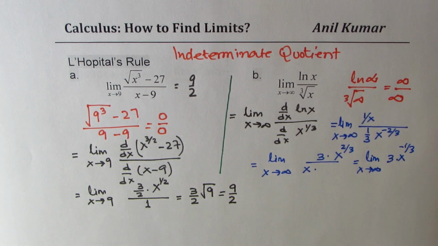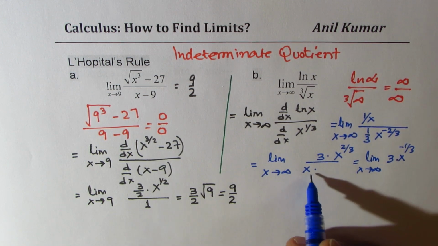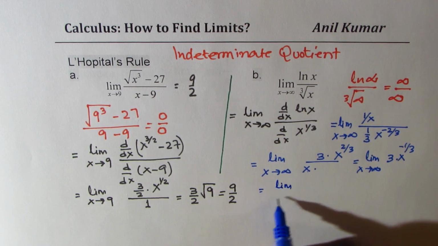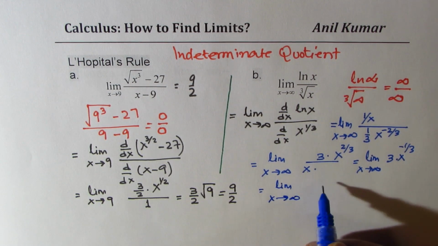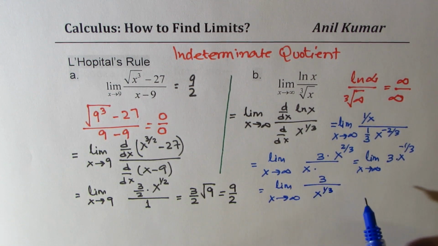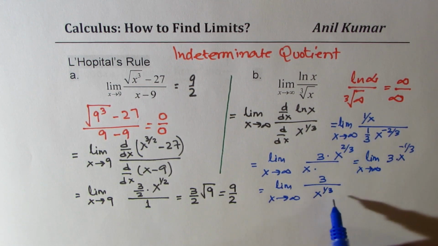We could have written like this. Okay. So that means it comes in the denominator. Basically, higher power is in the denominator. So I'm just rearranging. X approaches infinity for 3 over x to the power of 1 over 3.